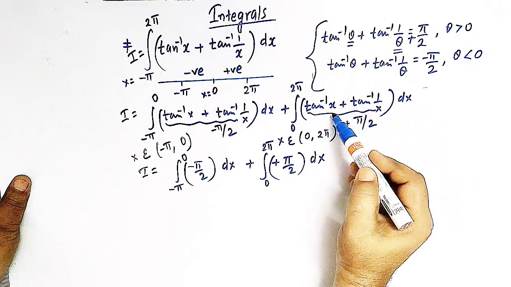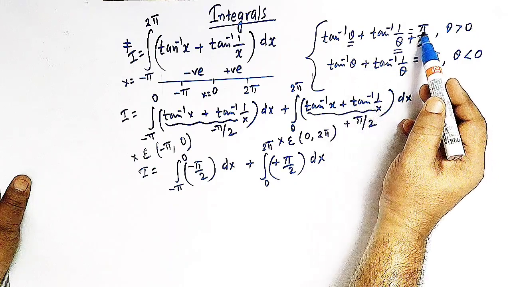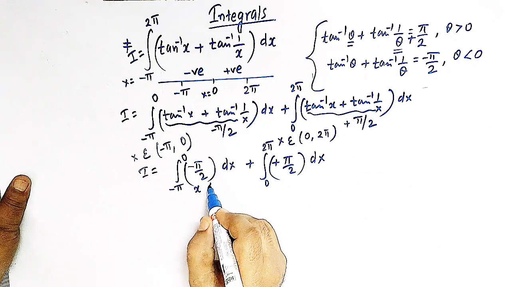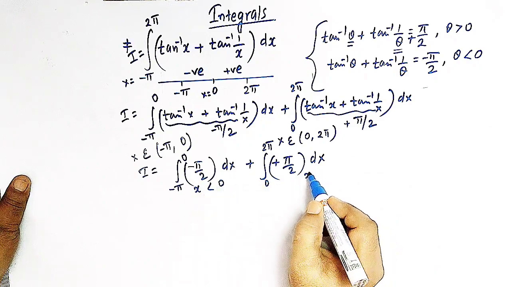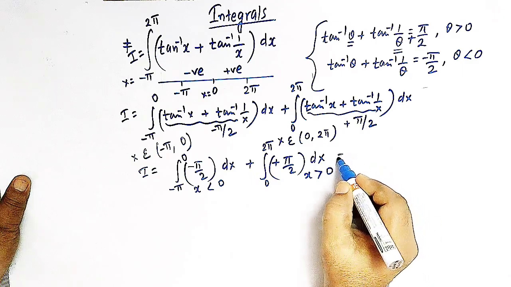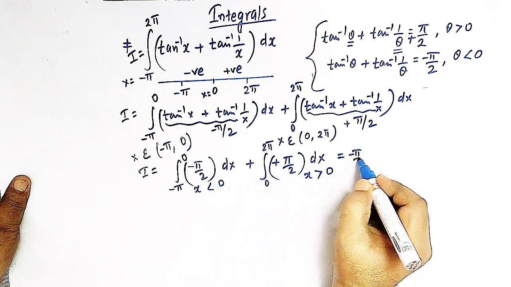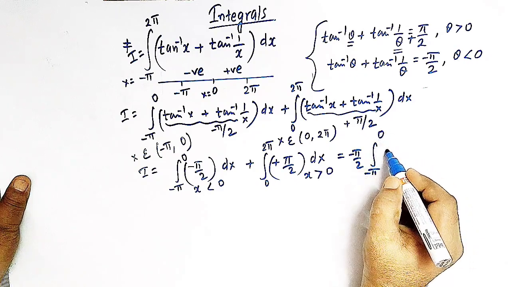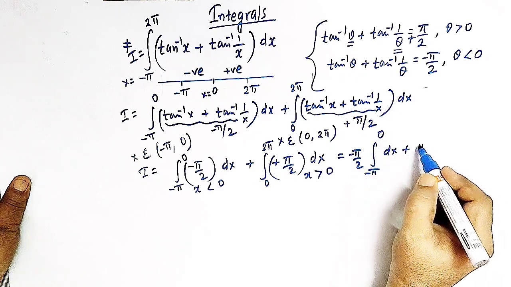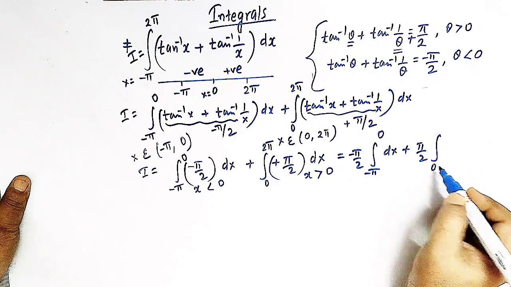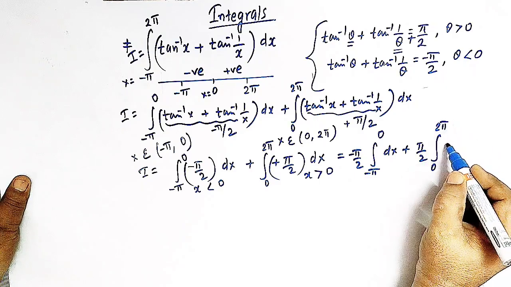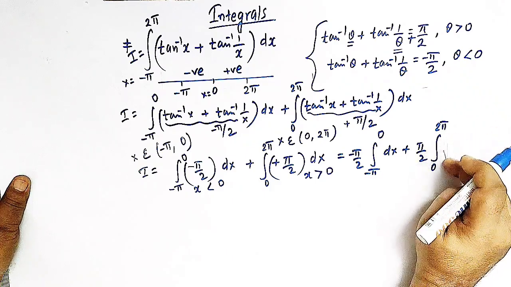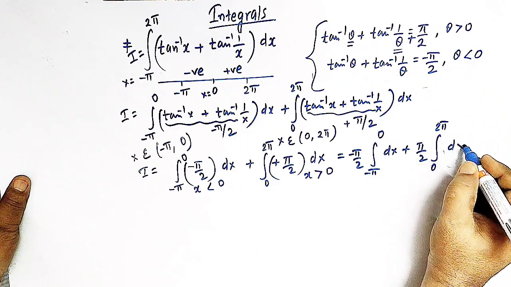Here all the x are less than 0, and here all the x are greater than 0. So now we can write minus pi by 2 times the integral from minus pi to 0 of dx, plus pi by 2 times the integral from 0 to 2 pi of dx.